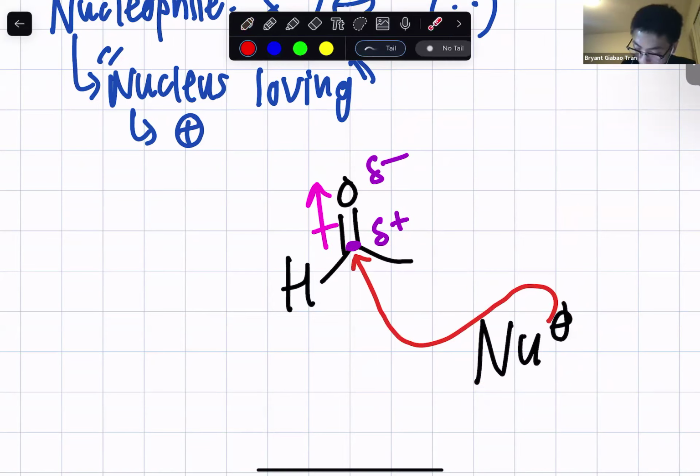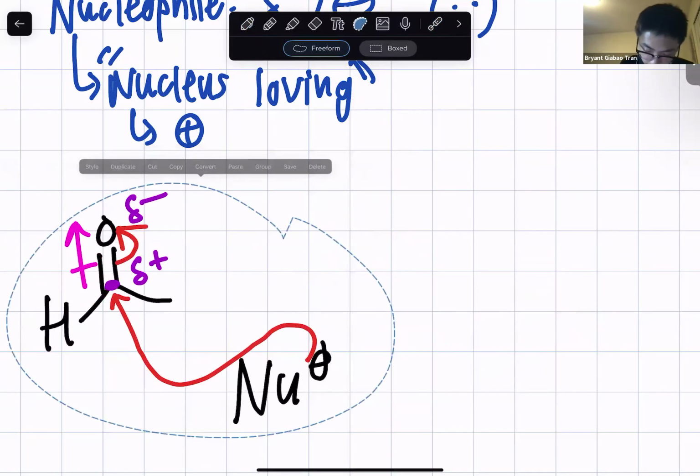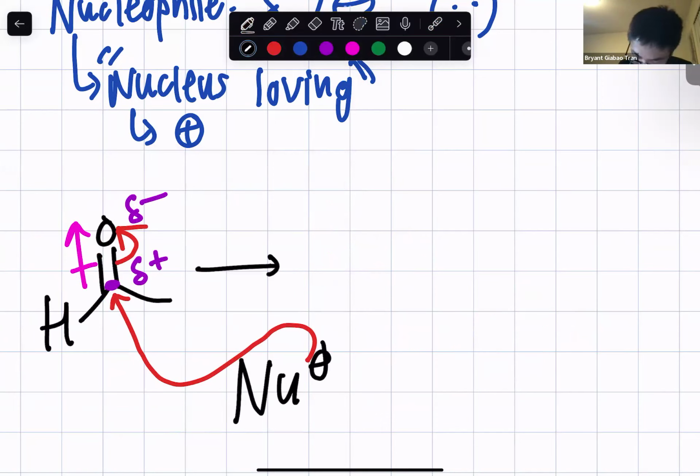When that happens though, we're trying to add a new bond between this carbon and this nucleophile here. That's a problem because we're going to break the octet rule. We're going to have 1, 2, 3, 4, 5 bonds. So to conserve the octet rule, we have to kick one of the double bonds onto the oxygen right there, right? That pops the double bond onto oxygen. The resulting intermediate is going to look something like this, where this dotted carbon here is now attached to the nucleophile.